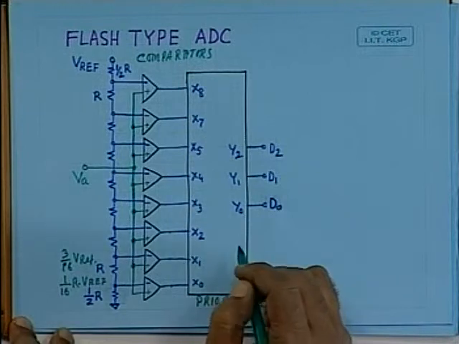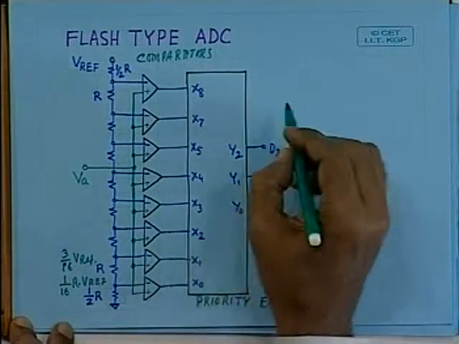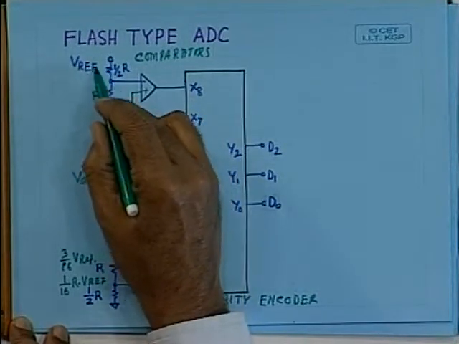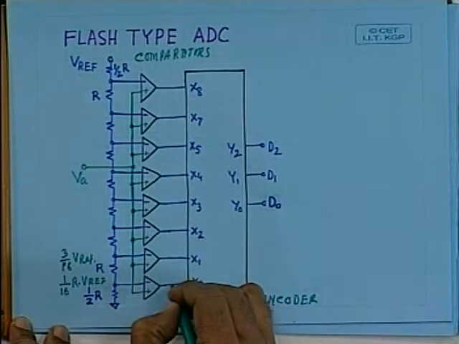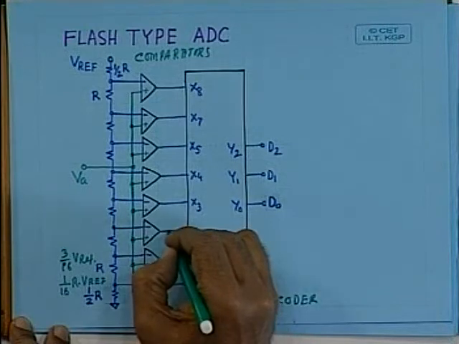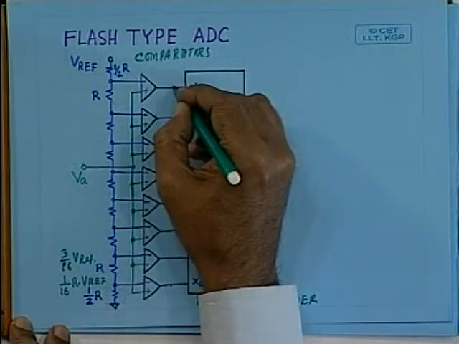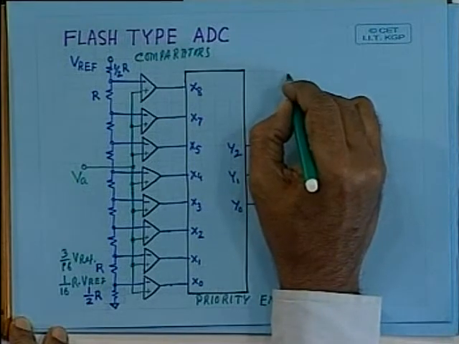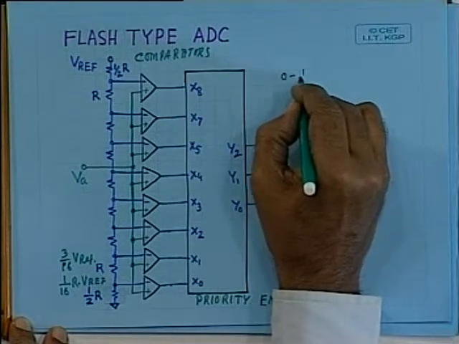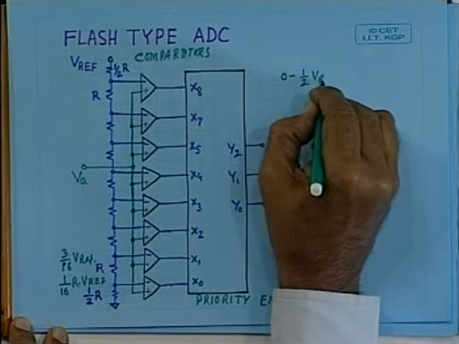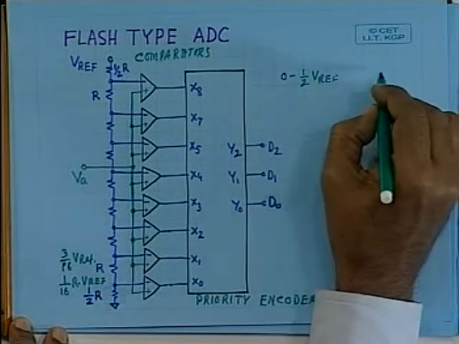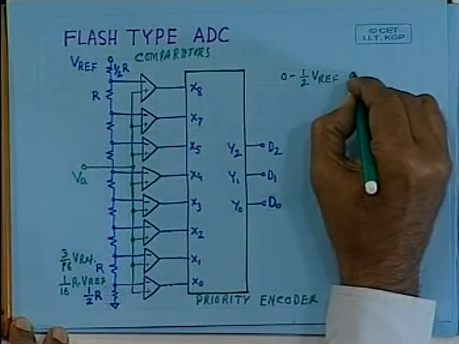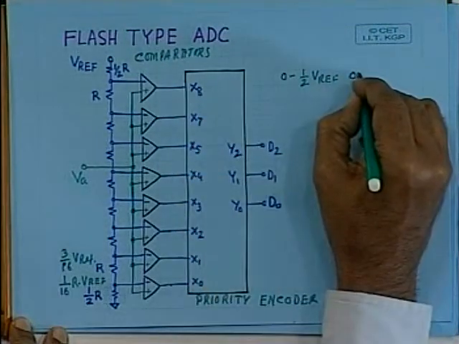So in other words, as the input increases from 0 to Vref gradually, this will become 1, then this will become 1, then this will become 1, and ultimately it will become 1. So for voltage in between, say 0 to half Vref, we get all 0. All the 8 outputs will be 0.